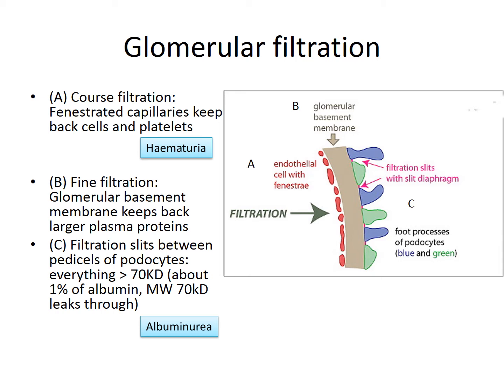And we've got a final stage of filtration where anything more than about 70 kilodaltons is kept back. The proteins and molecules less than that molecular weight can get through. And this is reasonably important because we now have a 70 kilodalton protein which is on the threshold of either getting through or not getting through.